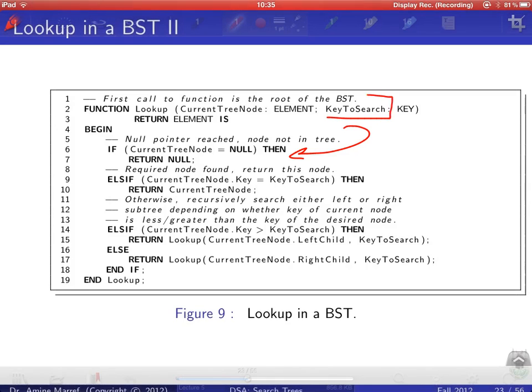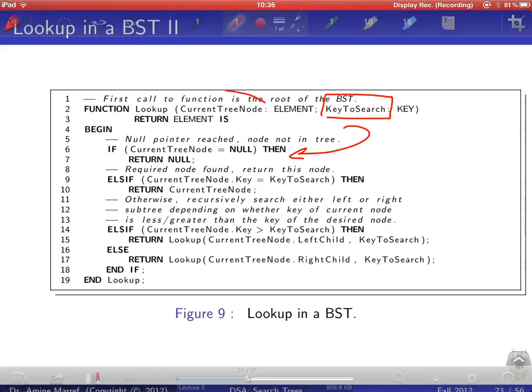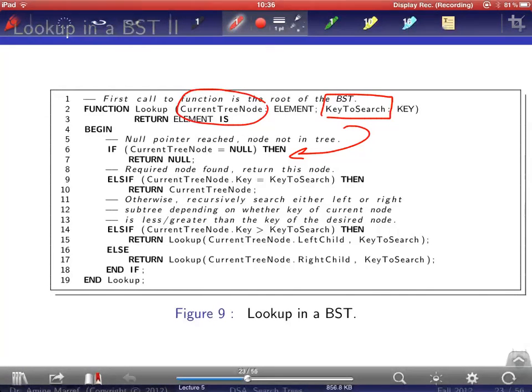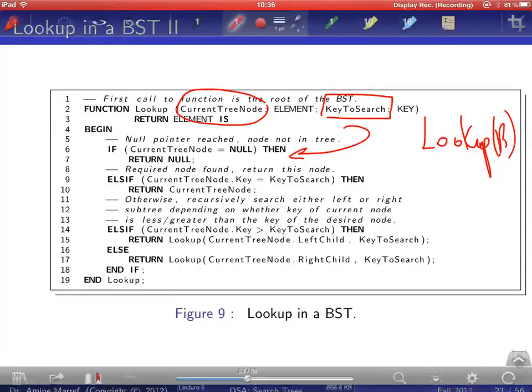So the number of nodes here, n, is actually what? 8 plus 4 is 12, plus 3 is 15. And in the worst case, if the node is here, all we have to do is to go 3 times.